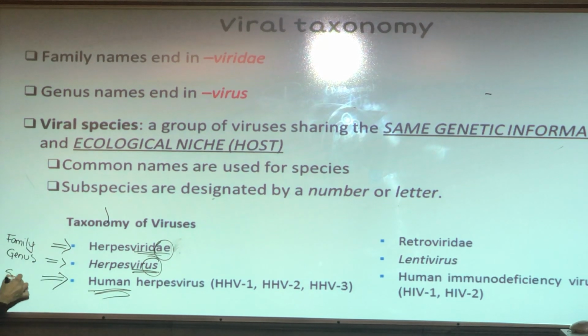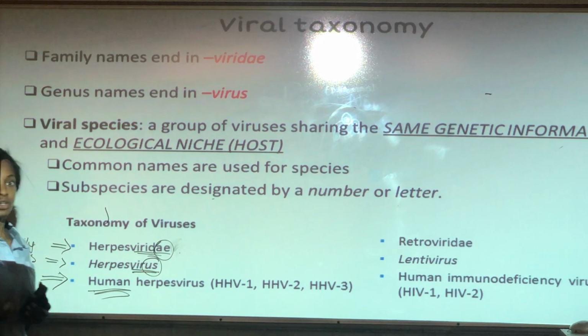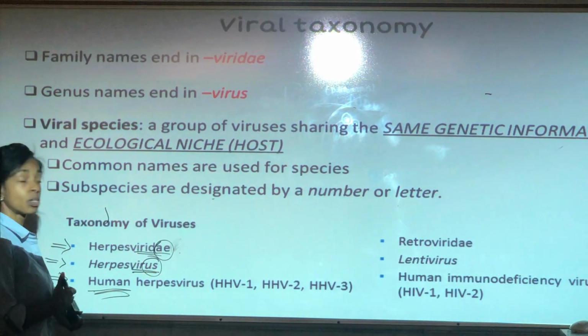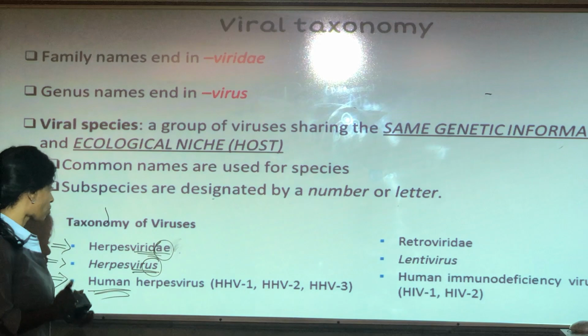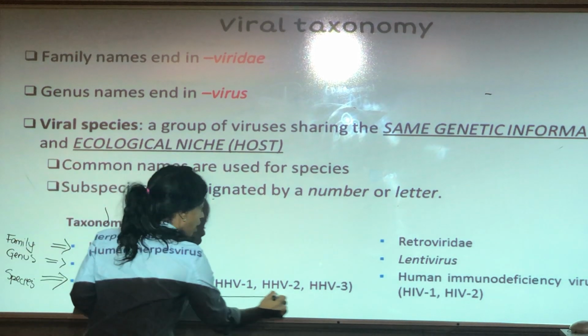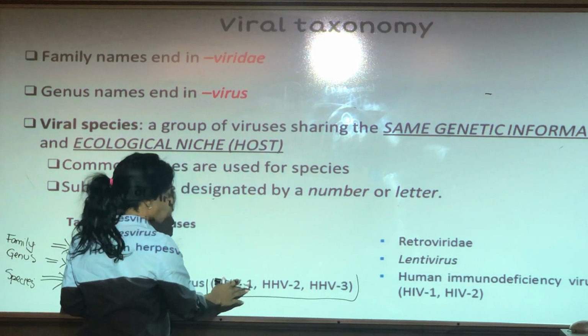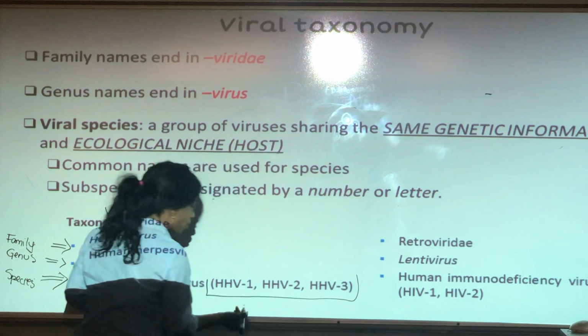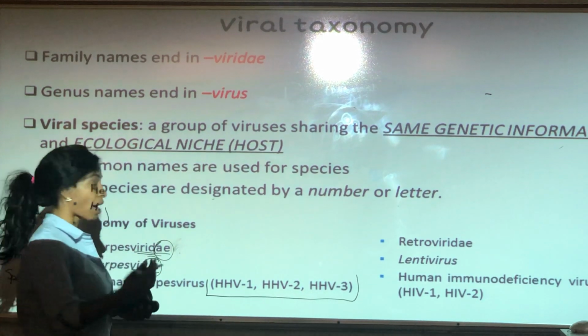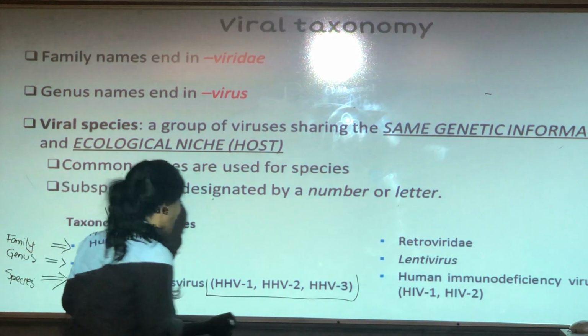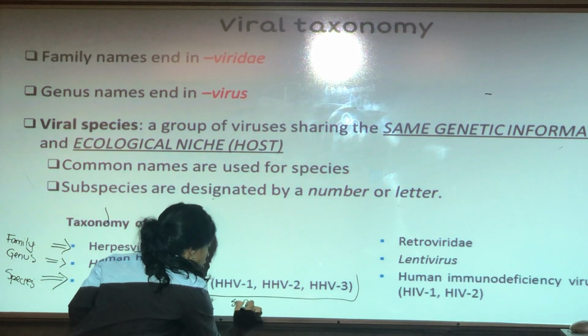So species, human herpesvirus, all right? We're identifying that it's going to infect humans, all right? And then for subspecies, sometimes they are labeled as 1, 2, 3, all right? Or 4, with the herpesvirus, it goes all the way up until about 8, all right? So these will be the subspecies.